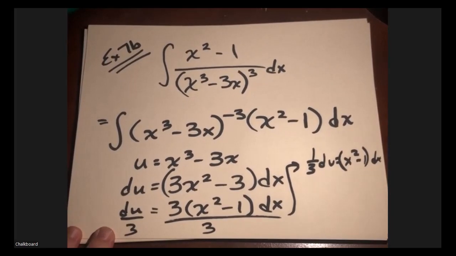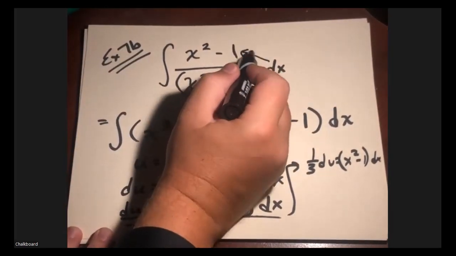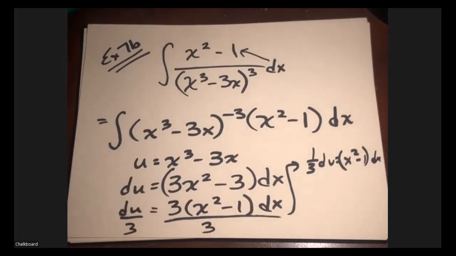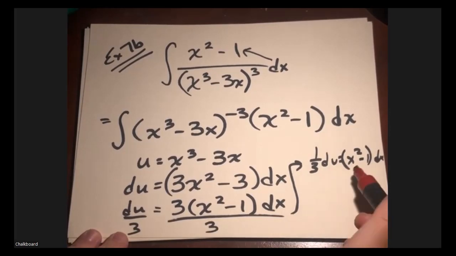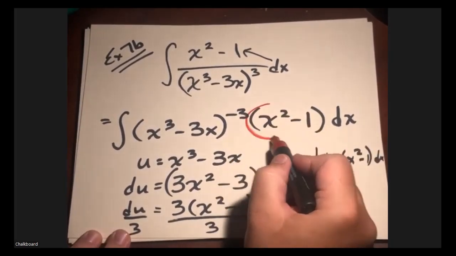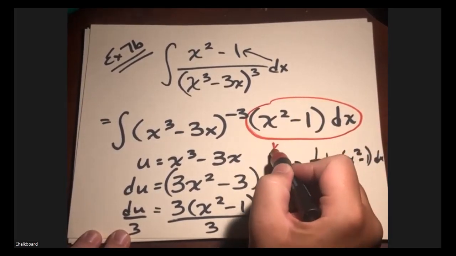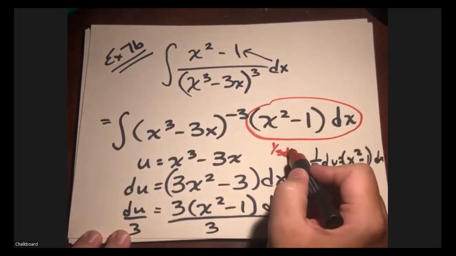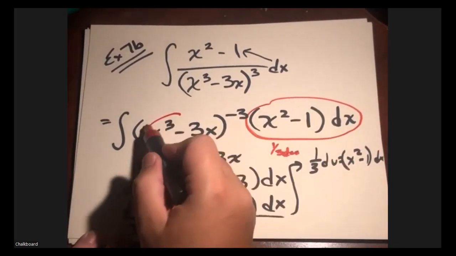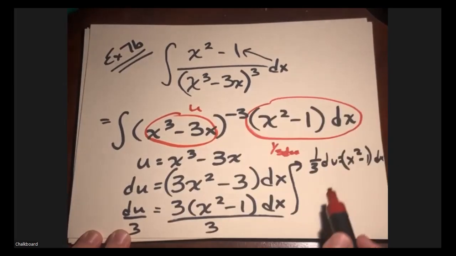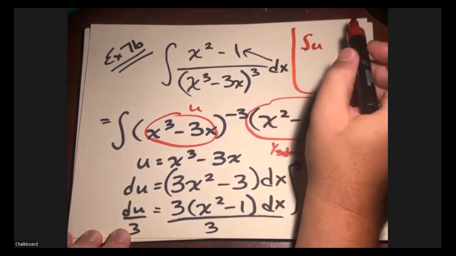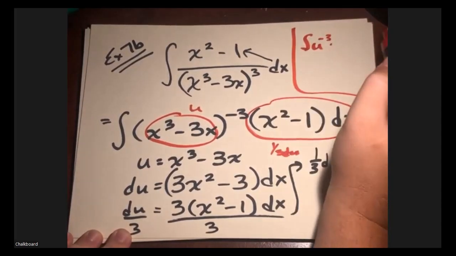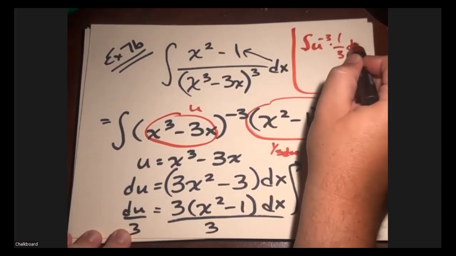So if I took this and put it up here, the new thing would look like this. I could take this and make it 1/3 du. And I could make this u, which makes it the integral of u to the minus 3 times 1/3 du.